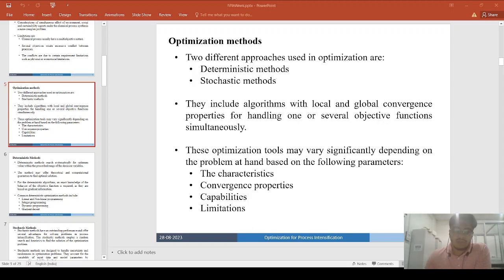They include algorithms with local and global convergence properties for handling one or several objective functions simultaneously, including multi-objective optimization problems.